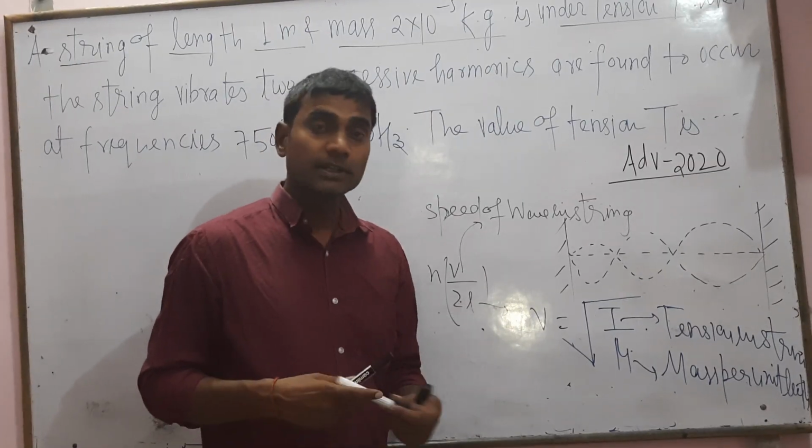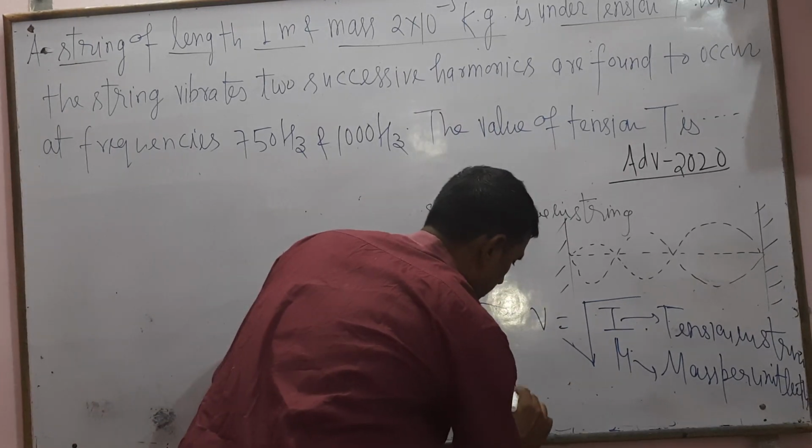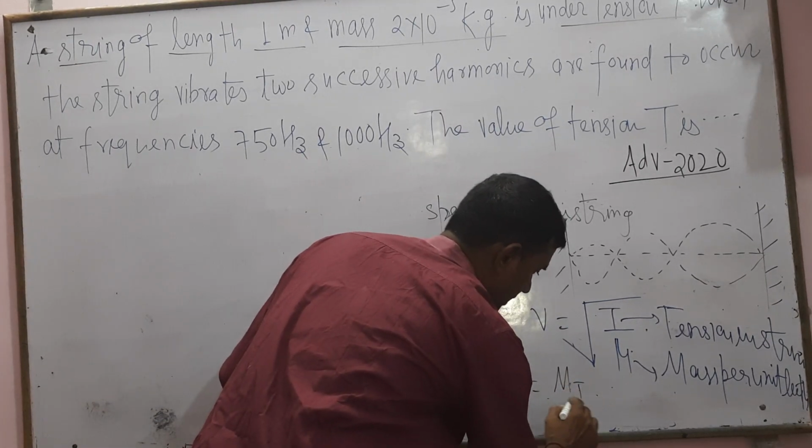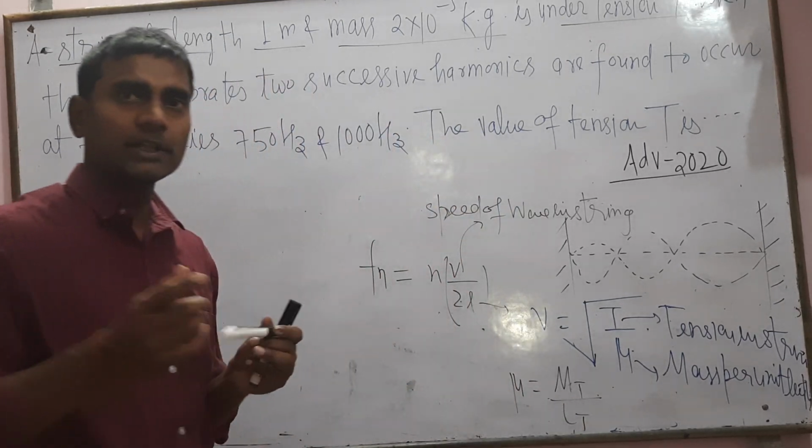What is the mass per unit length? Mu equals total mass upon total length of the string.